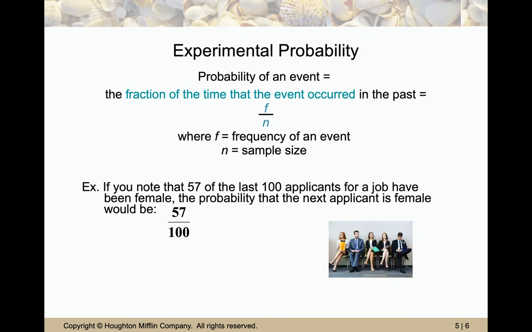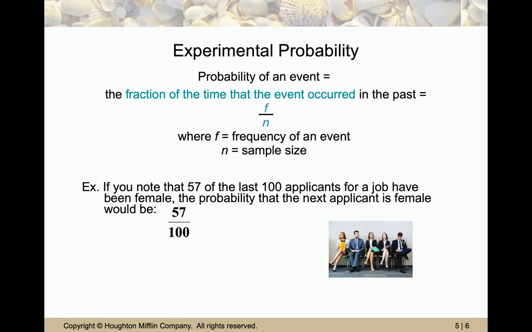Experimental probability is determined by actually conducting an experiment, seeing the activity take place over a number of times, and it's the fraction of the time that the event you're interested in occurred over the total number of times an event happened.